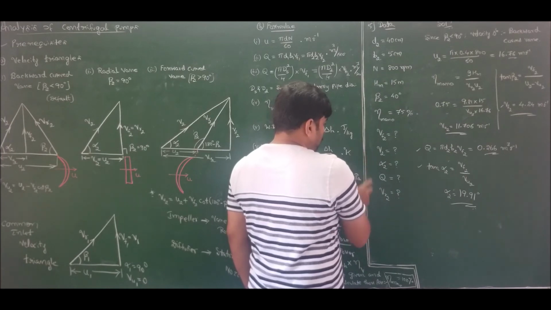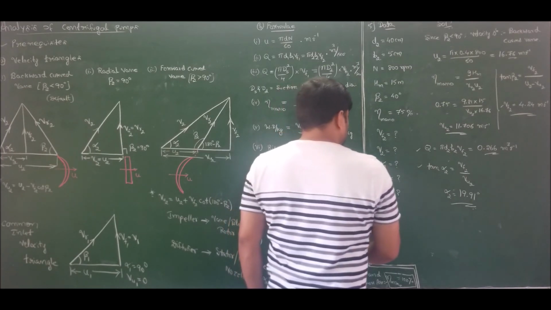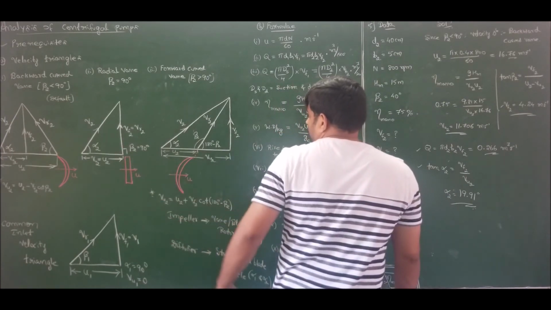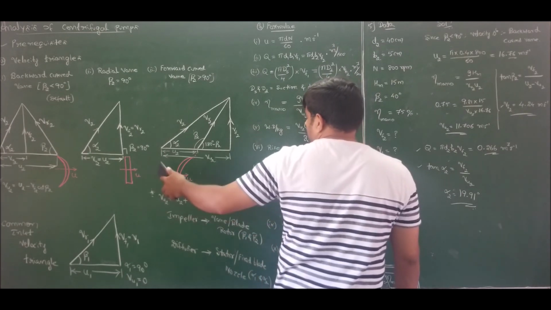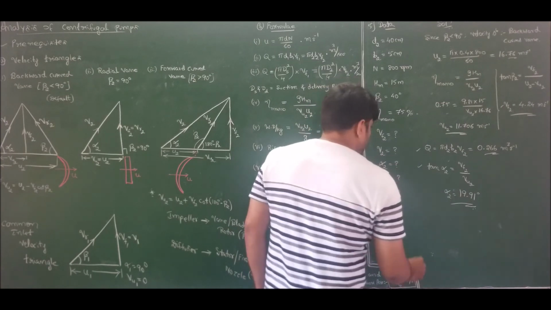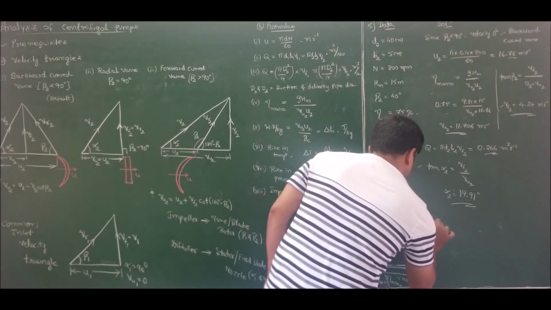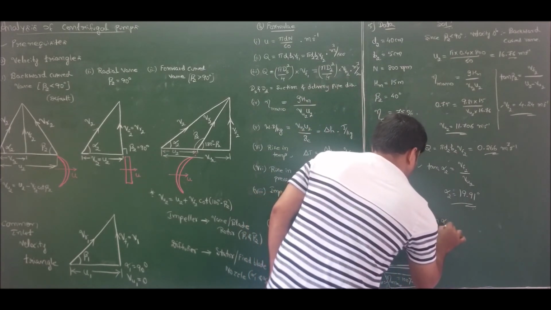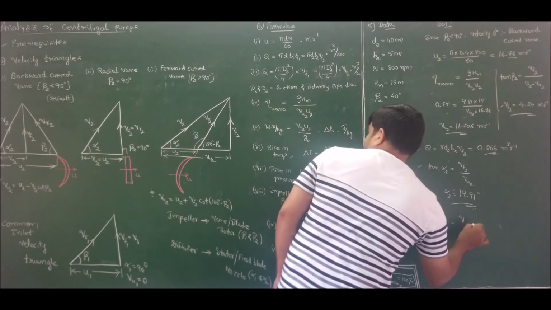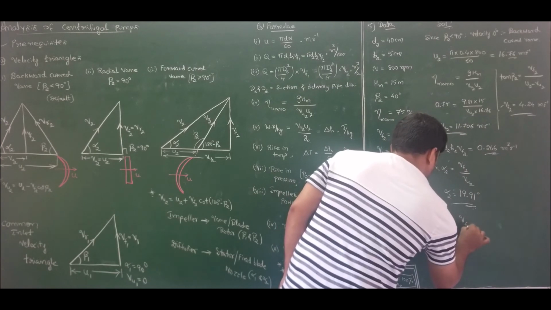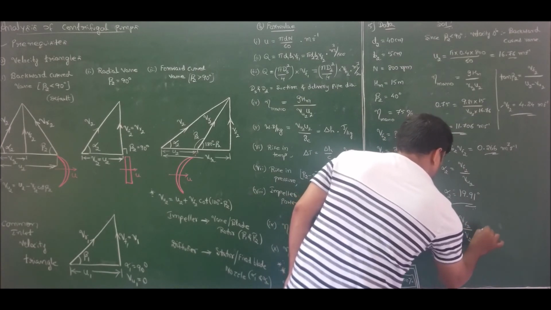Now I should find V2 and VR2. To calculate V2, I can use sin alpha 2. To calculate VR2, I can use sin beta 2. That is, sin alpha 2 is equal to VF2 by V2.